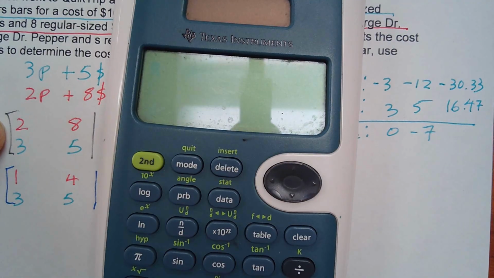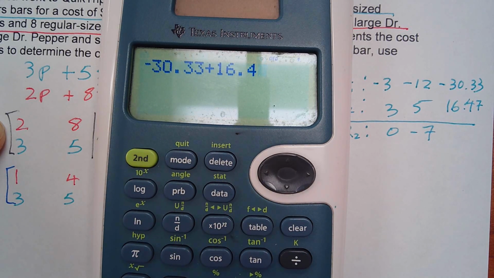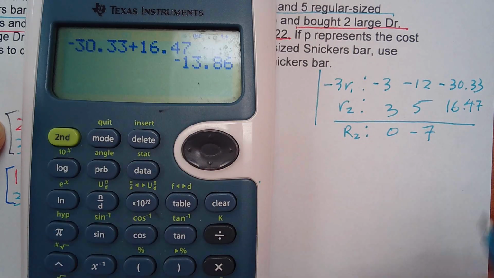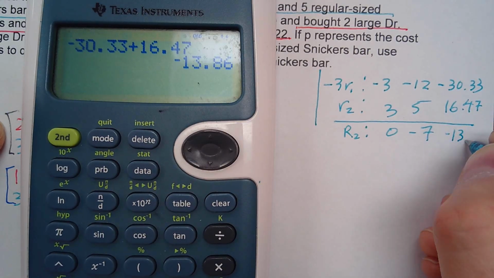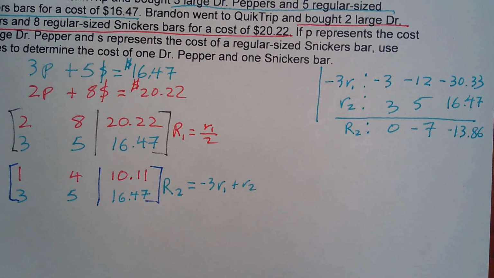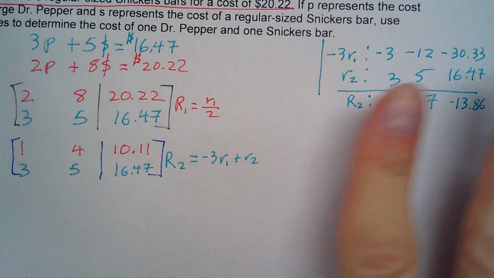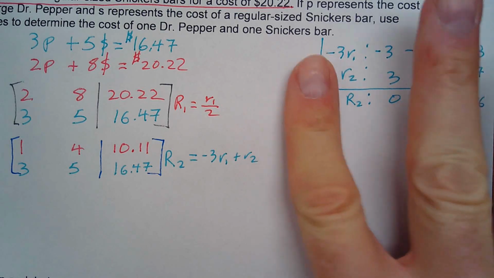And let's do that last one on our calculator. So that'd be -30.33 plus 16.47, -13.86. So if you still need to, you go off the side and do this on some scratch paper.